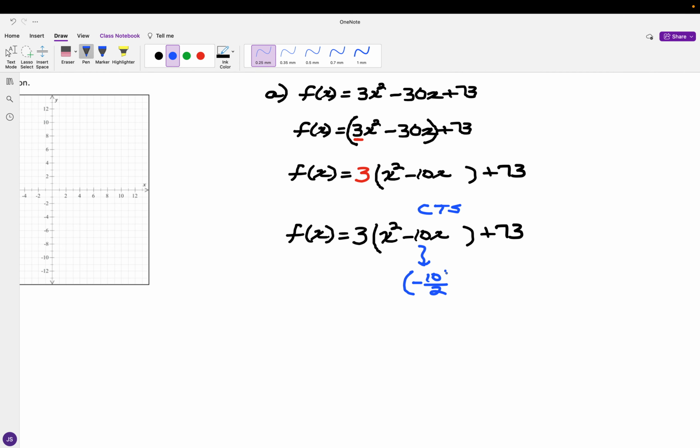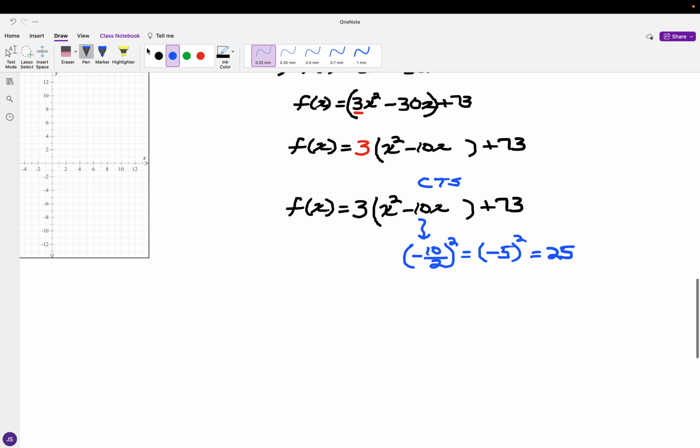If I take half of this, negative 10 divided by 2 is negative 5. Squaring negative 5 becomes 25. As I draw nearer to the vertex form, I'm going to take 25 and add it to x squared minus 10x. So now we've got f of x is equal to 3 times the quantity x squared minus 10x.